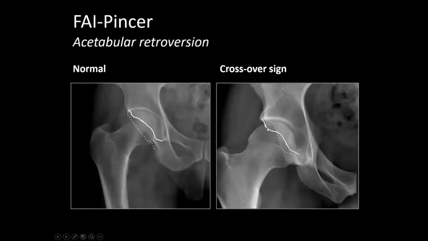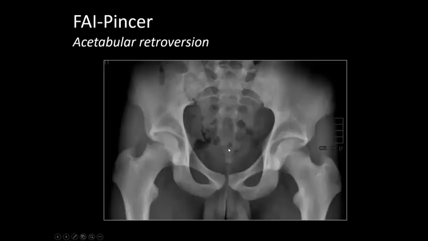So remember this appearance here. Always when we assess the acetabulum, we don't really call it acetabular retroversion unless there is an ischial spine sign. And we also check the position of the pelvis, to make sure it is well centered.